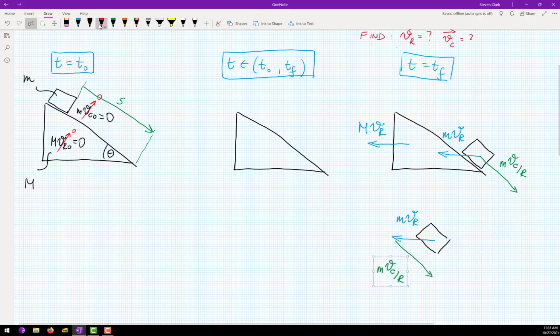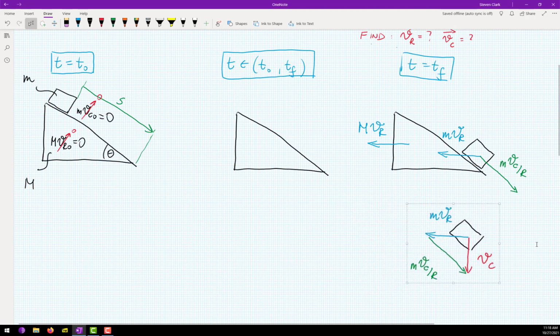So the actual velocity of that crate will be here. V crate. Okay, give me like 10 seconds, because I do not like that we ended up with a right angle there.